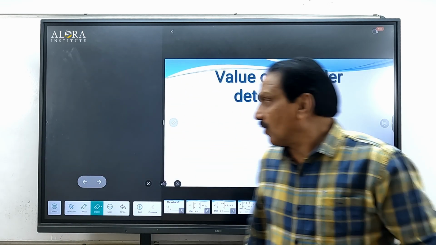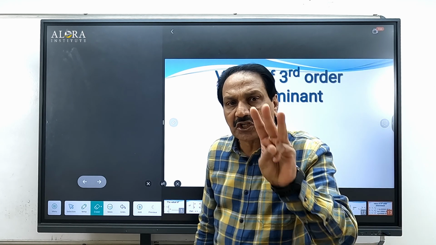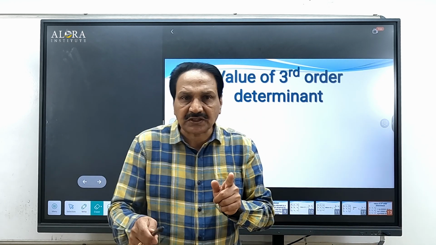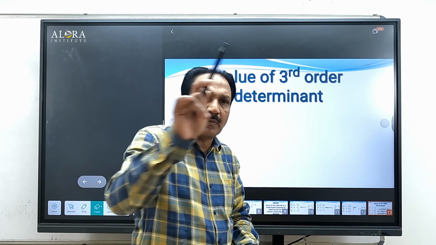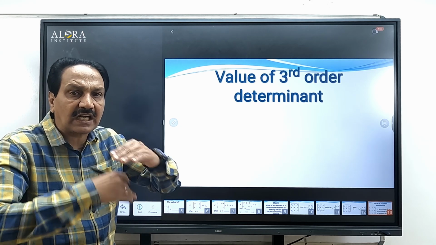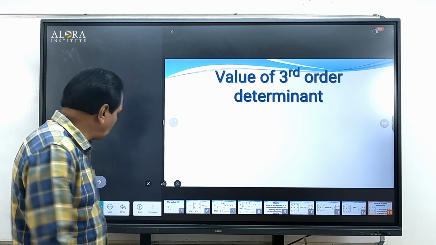Suppose if you go for finding the value of third order determinant, you are supposed to write 3 terms. How will you write all the 3 terms? First term with plus sign, second term with minus sign, third term again with plus sign. That means the sign of the term changes alternately. Let's go for the formula for the value of third order determinant.